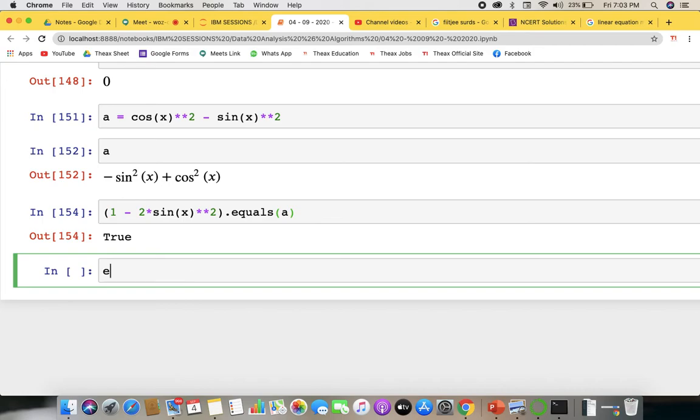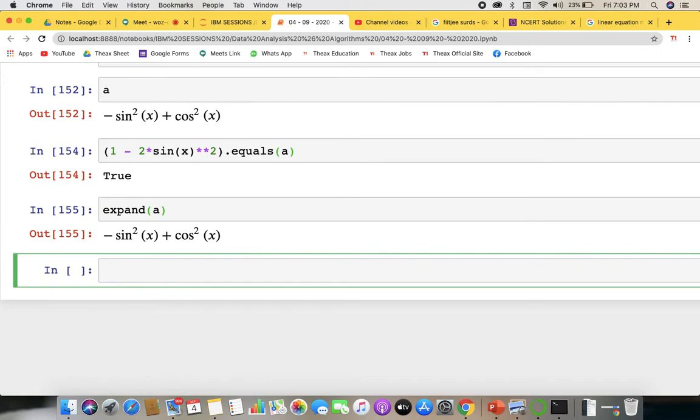So if we write expand a, that will not work. Why? Because expand works on algebraic expressions. Now what if we don't know a formula for trigonometry and are solving trigonometric equations? What should be done in that case?